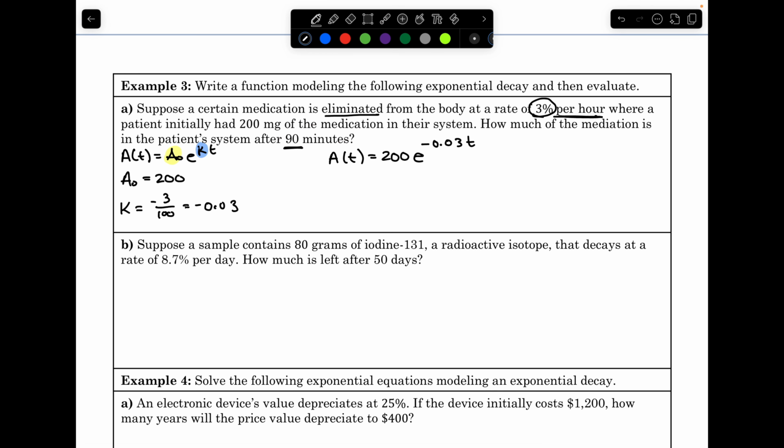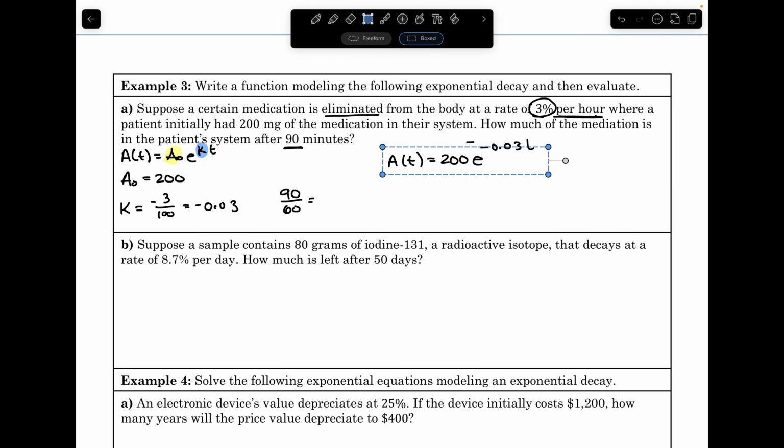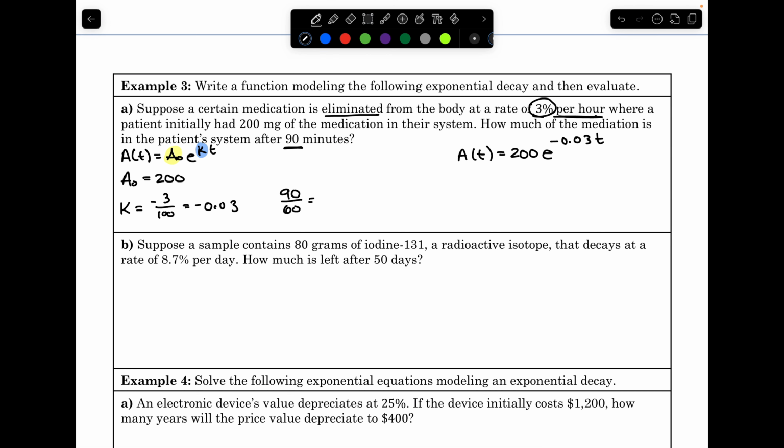Since there are 60 minutes in 1 hour, our 90 minutes divided by 60 means that our time t is going to be 9/6, which reduces, dividing both by 3, to 3/2, which as a decimal is 1.5.